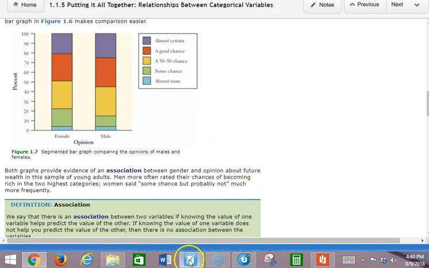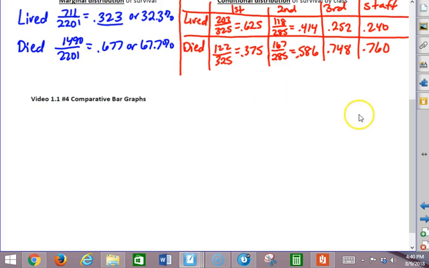So let's go back to our Titanic data and make a segmented bar graph. This will be a little easier because we only have two choices, so the bars are just going to be split into two. With three choices, it's a little bit more complicated, but not bad.